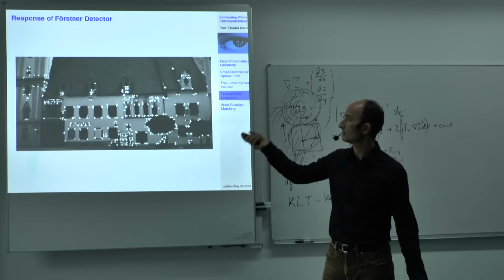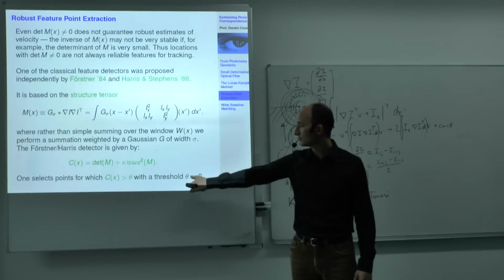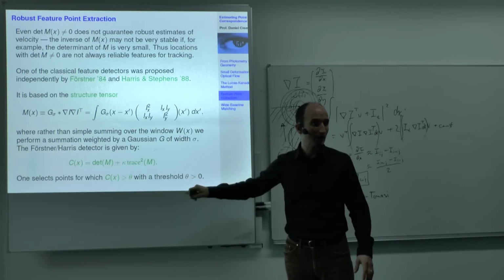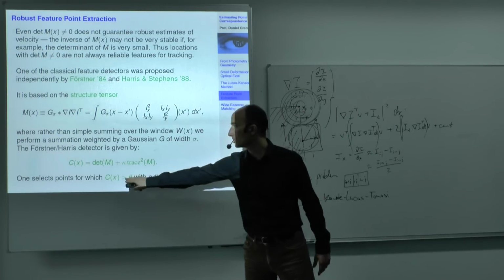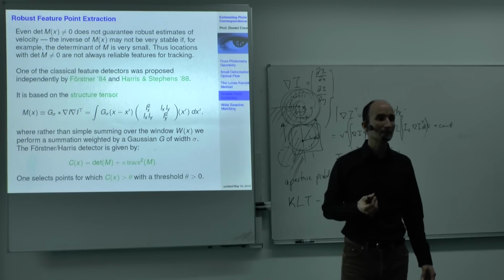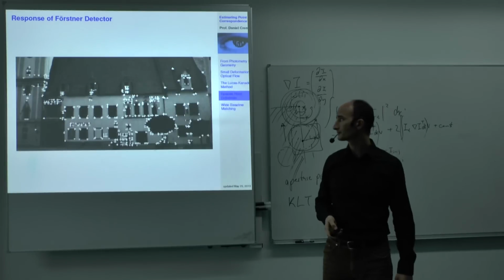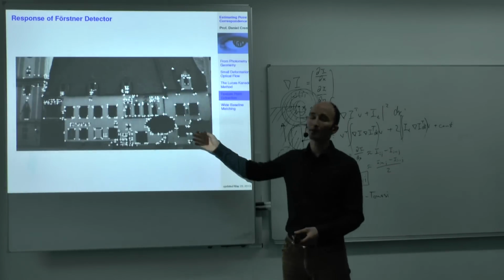How many points are selected here? You see there's about 100 points here, something like that. That depends on how you set the threshold. If you take a lower threshold, then more points are going to be labeled as discriminative. It also depends on the contrast.